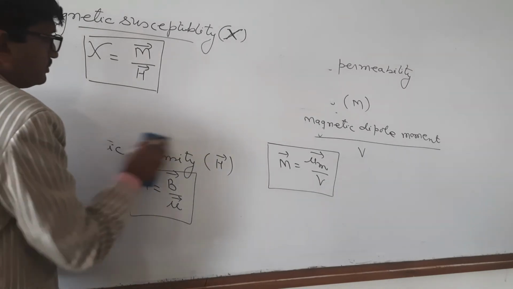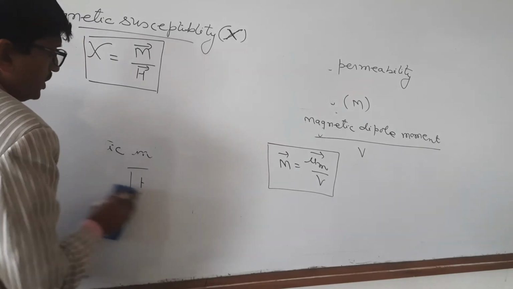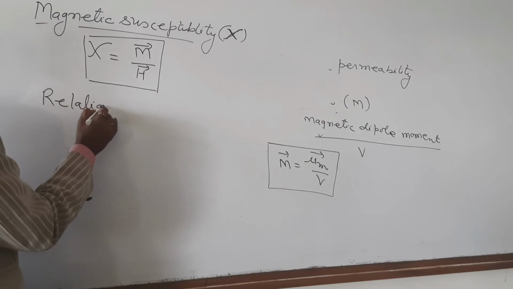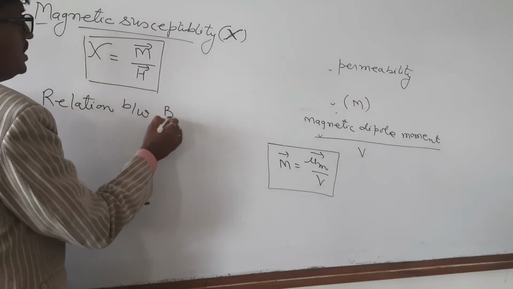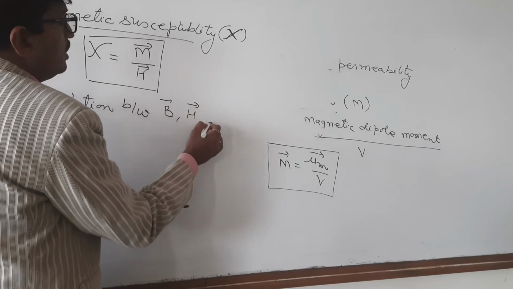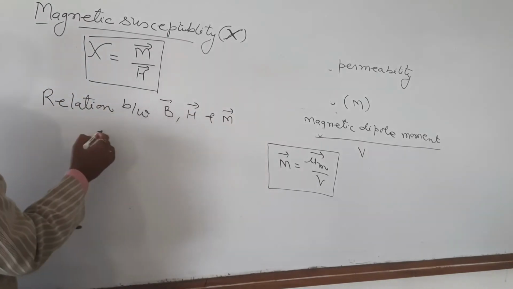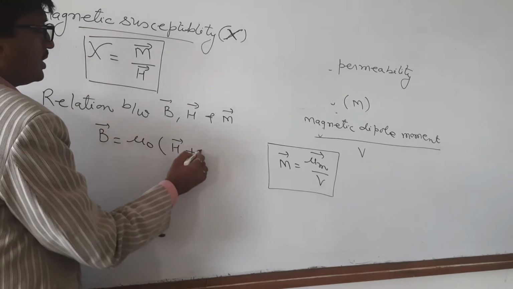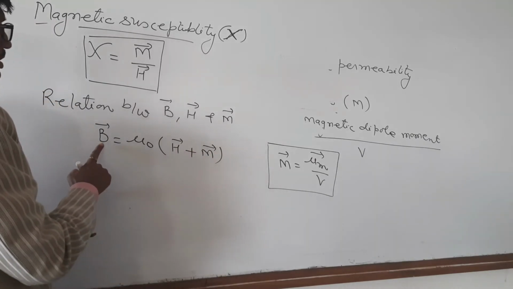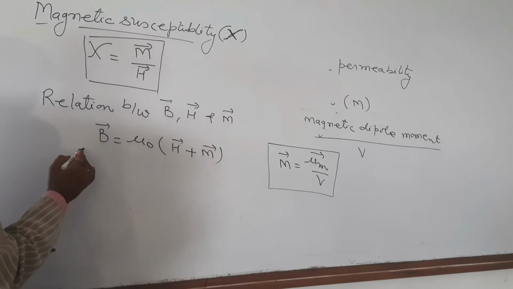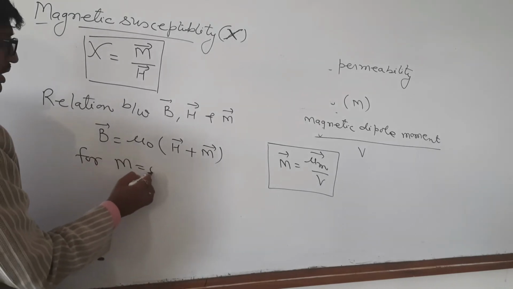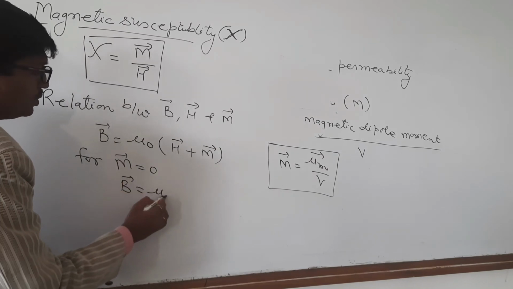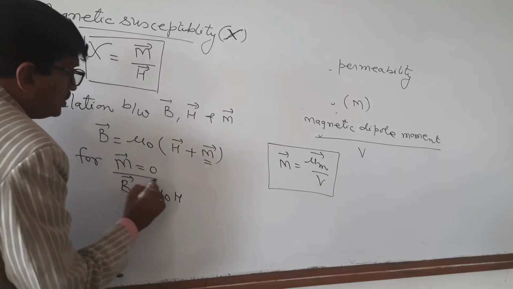And next is the relation between B, H and M, and B is equal to mu naught into H plus M. This is the relation between B, H and M. And for a material having M equal to 0, B becomes equal to mu naught H, as M becomes equal to 0.